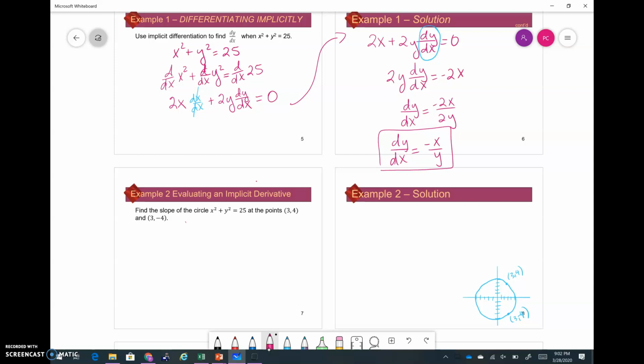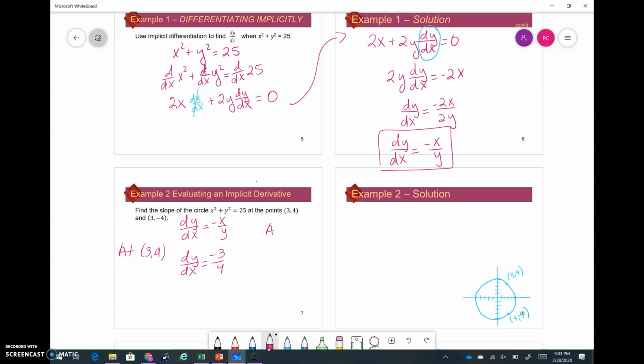Well, we already have our derivative. dy over dx is negative x over y. So, at the point (3, 4), dy over dx gives me negative 3 over 4. So a slope of negative 3 over 4.